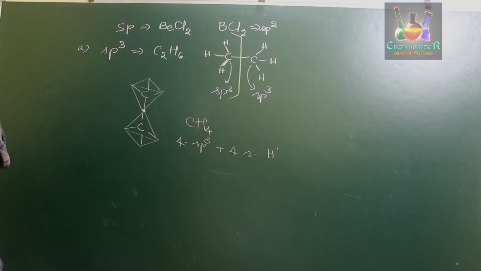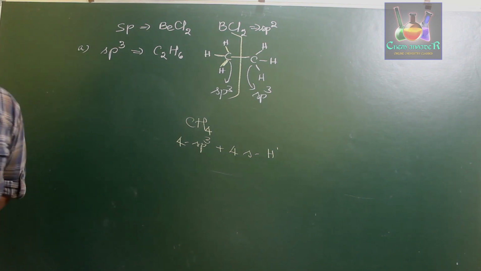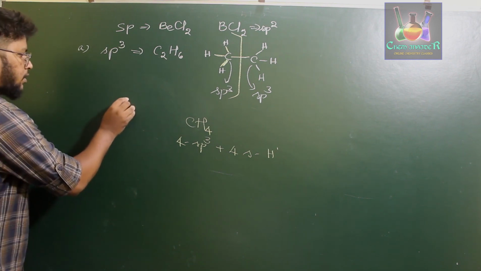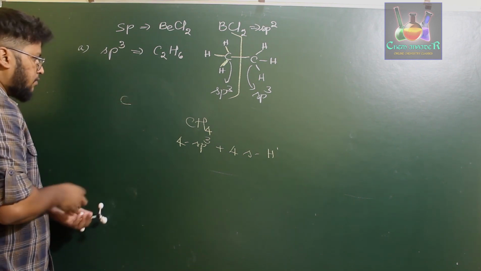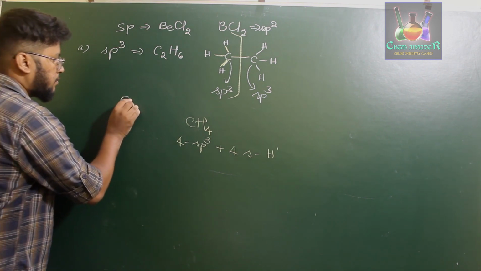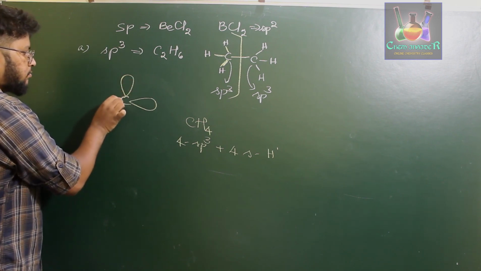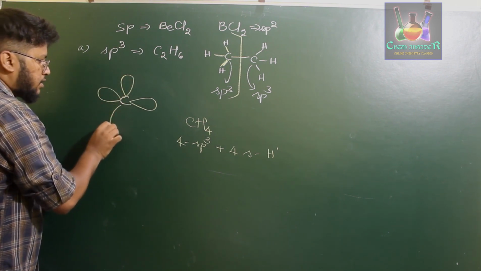If we have to write the hybridization structure of the C2H6 molecule, it will be like this. If we consider this carbon, it has 4 sp3 hybrid orbitals. This is one sp3 hybrid orbital, this is one more, this is one more, and this is one more.